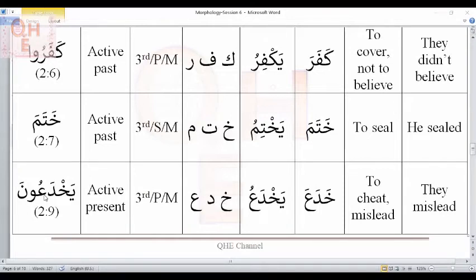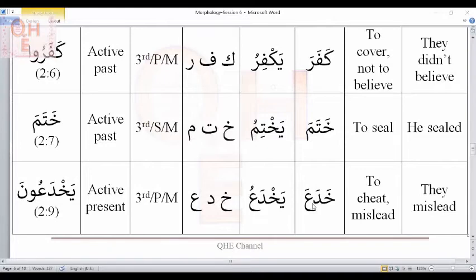Kha, dal, ain. So kha, dal, ain are the root letters. When you enter these root letters in the dictionary, from the transliteration, you see the third person singular male active past tense pattern should be khoda'a, sorry, khoda'a. Kha, dal, ain, and so the past tense pattern is khoda'a.